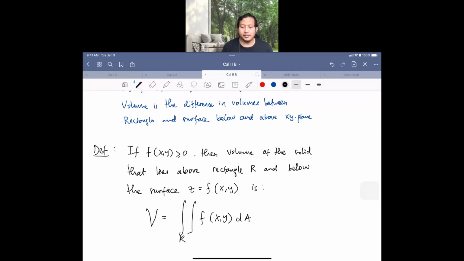So we can say that the meaning of the double integral is the volume of the solid that lies above rectangle R and below the surface. Okay.